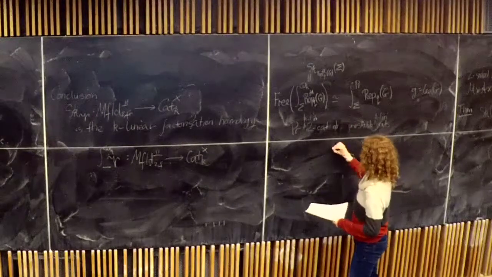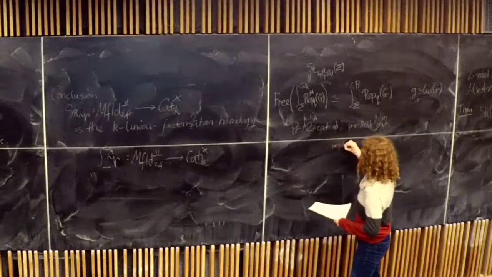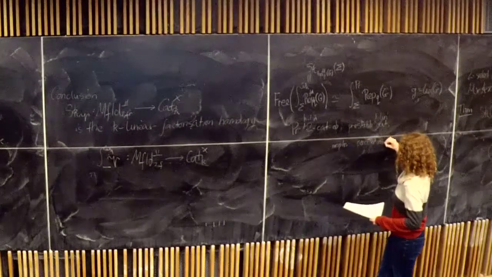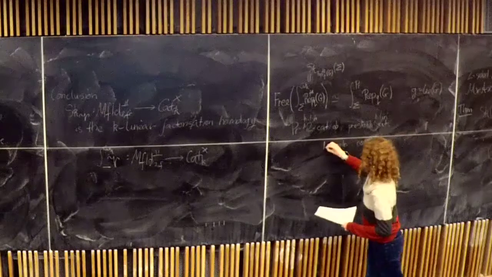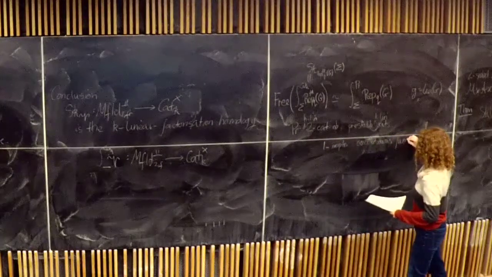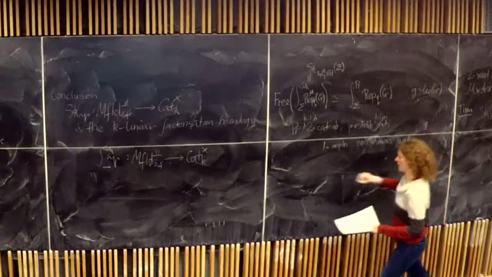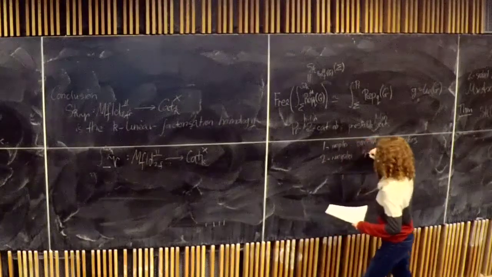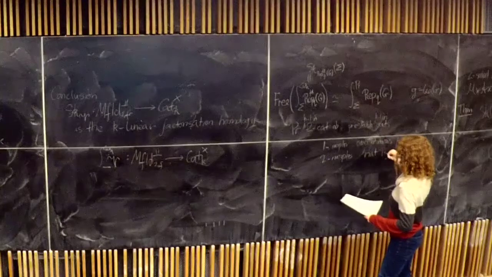The morphisms are cocontinuous functors, and the 2-morphisms are just natural isomorphisms.